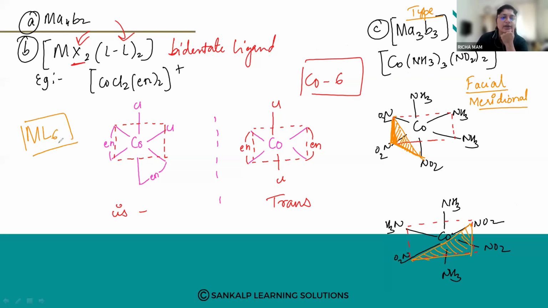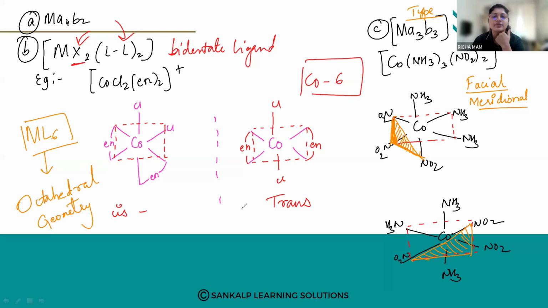Whenever you have a metal and 6 ligands, what type of geometry will it show? It will show an octahedral geometry, right? It will show an octahedral geometry.